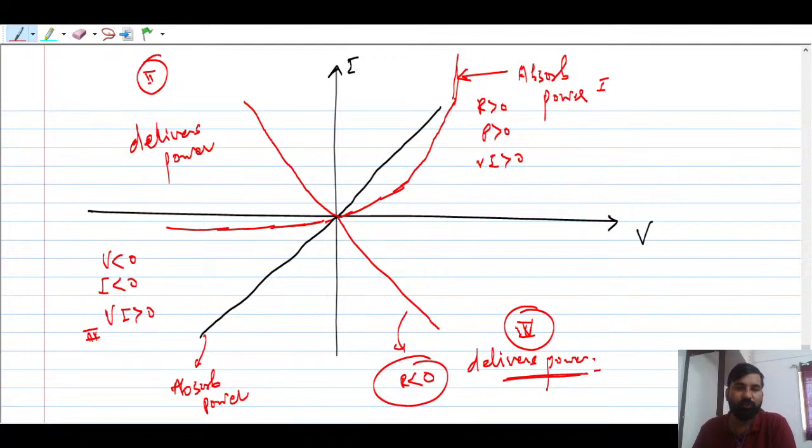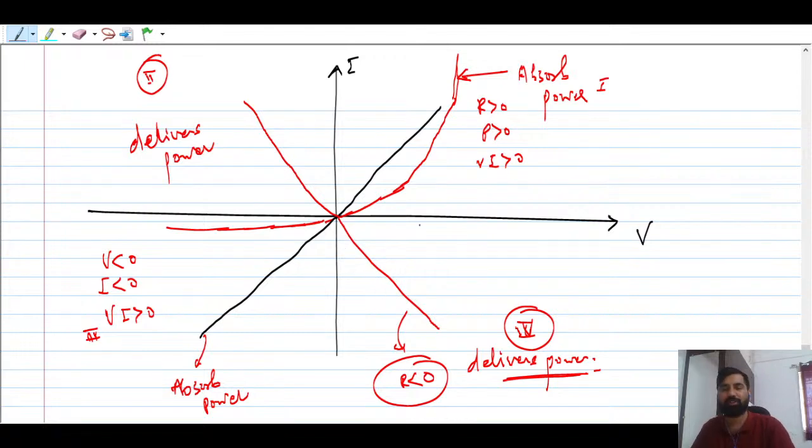So you can conclude here that the first and the third quadrant mean absorb power. Any element whose IV characteristic belongs to the first and the third quadrant will be considered as a passive element. Remember this from today, because many people have a lot of confusion. In some exams or interviews they might ask.